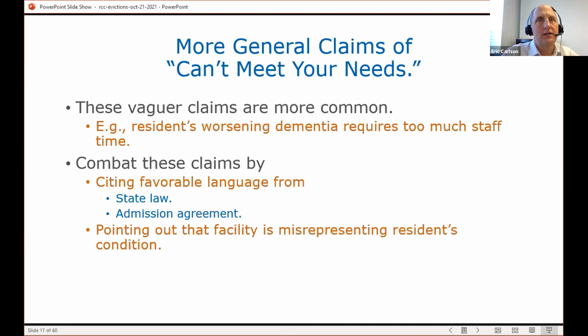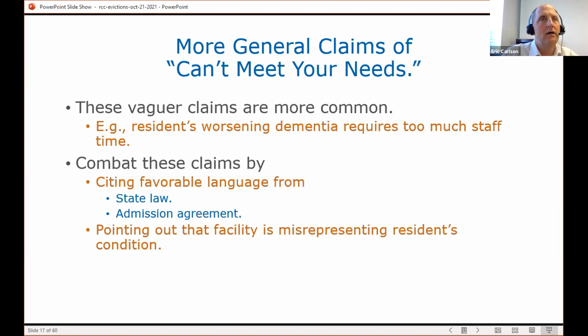Here you could look at state law and see what you could find. There is likely some language in the state regulations that talks about meeting residents' needs and maintaining independence, and providing assistance with activities of daily living or whatever it is.